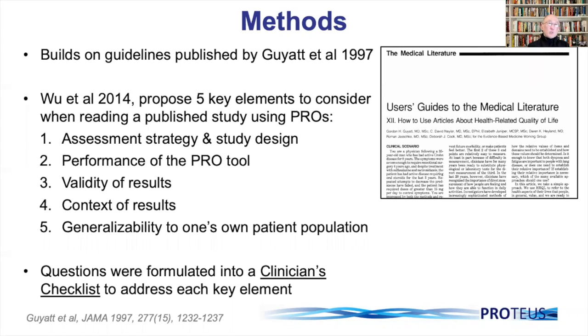The elements include assessment strategy and study design, performance of the PRO tool, validity of the results, context of the results, and generalizability to one's own patient population. These questions were formulated into a clinician's checklist to make it easier to address each key element, and we will go over these in turn.